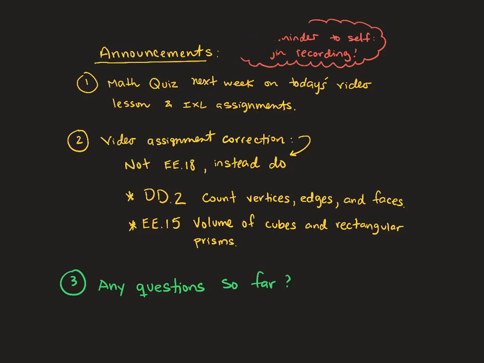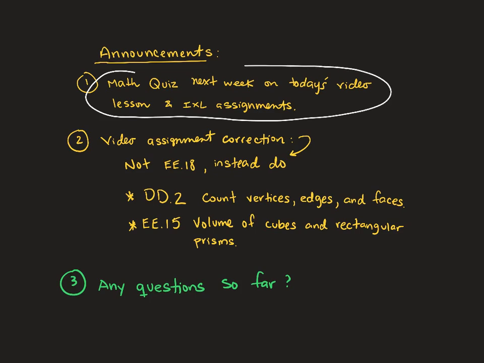Okay. So announcements, again, here's where I become a little redundant. Your math quizzes, everybody, it's always on Thursday. And I don't even know why I put next week there. So math quiz is on today's video lesson and IXL assignments. There's a lot going on in today's video lesson.